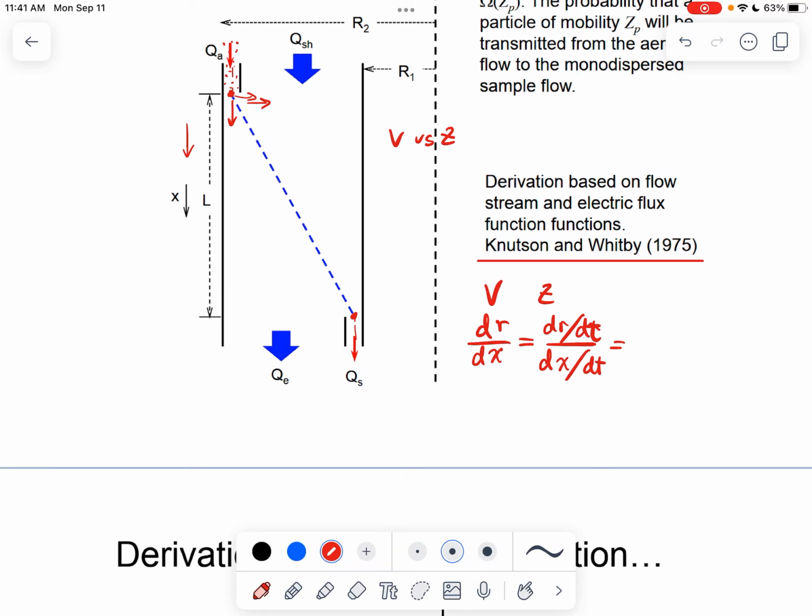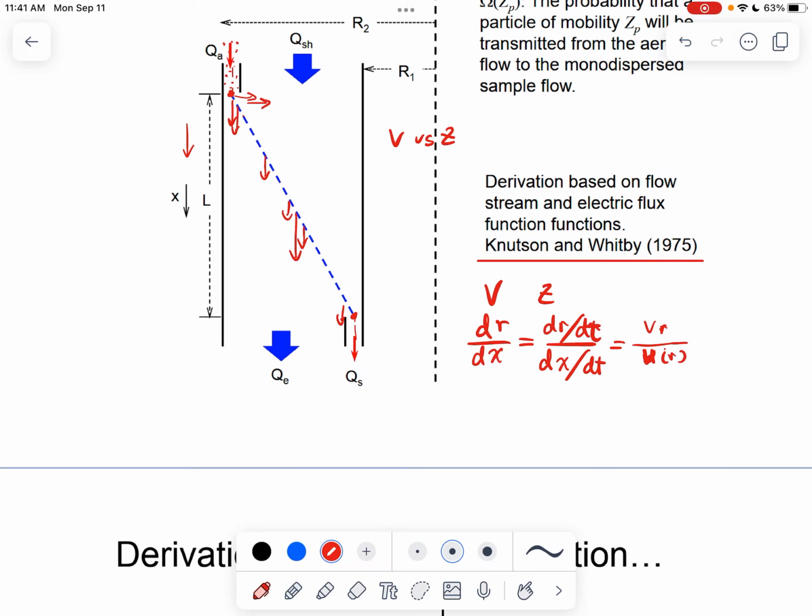Okay, so dr over dt, that's basically the velocity of the particle in the horizontal direction, right? dx over dt, that's the velocity of the particle in the vertical direction. So basically this is Vr, right? Let's name this V horizontal, or let's just call it U. And as the particles are moving, this vertical velocity is also changing, right?